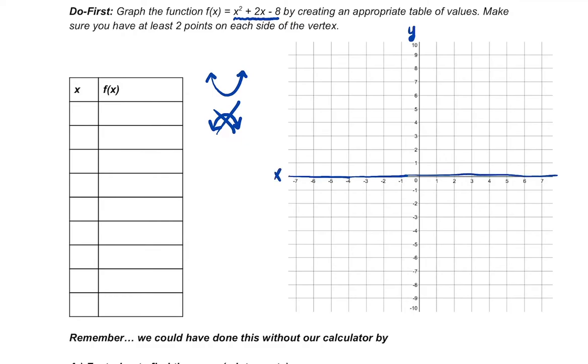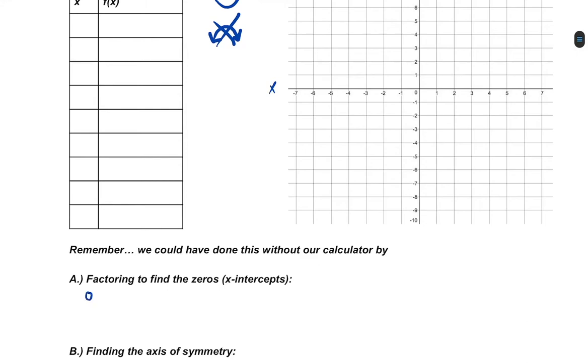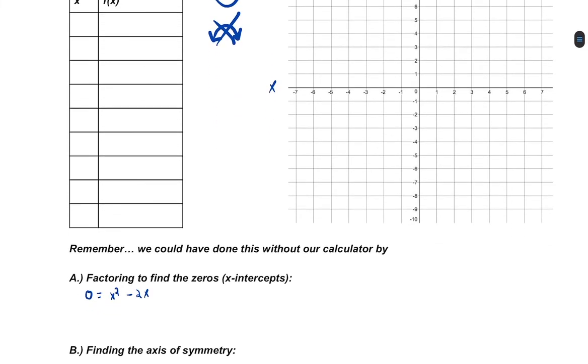So what I want to find is when my function x squared plus 2x minus 8 is equal to 0. So I'm going to set it equal to 0. We have 0 equals x squared, or sorry, I think it was plus 2x, and minus 8.